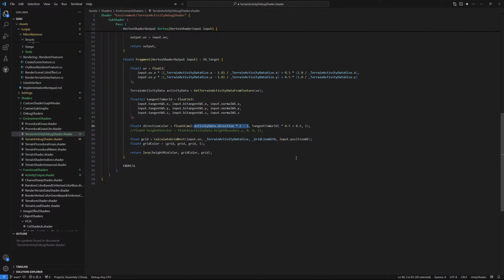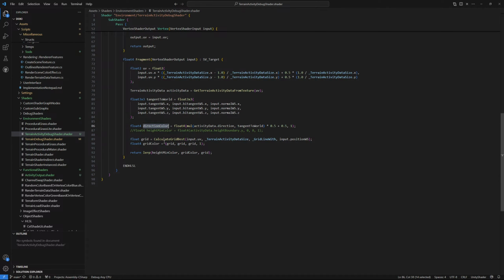Yeah, I don't think we need to do this anymore. So we just do this. Tangent to world times 0.5, 0.5, because this one is actually in -1 to 1 range right now.